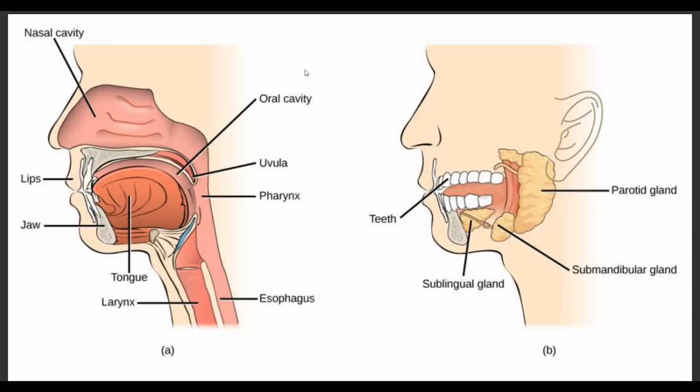Okay. Next point. Stimulation of the parasympathetic nervous system increases salivary secretion.